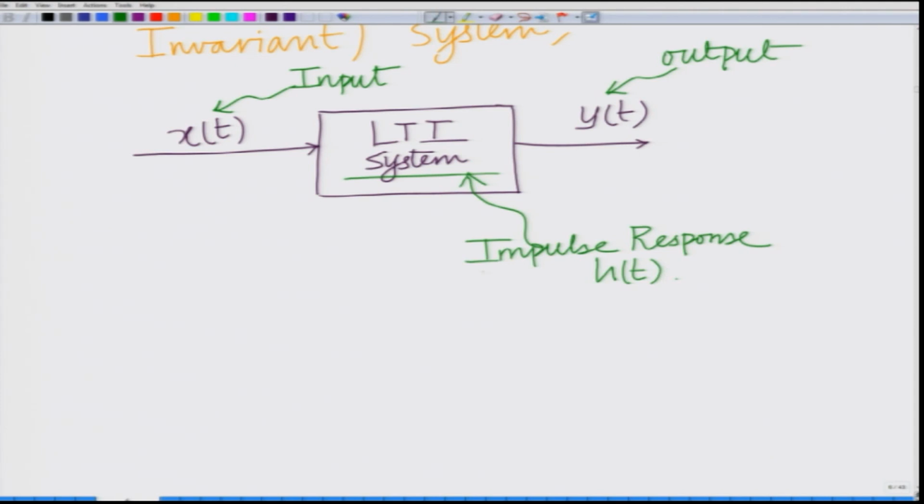What is the impulse response h(t)? If the impulse, that is your Dirac delta function delta(t), is given as input to the LTI system, the output is represented by h(t), which is the response to the Dirac delta function, and this is known as the impulse response of the LTI system, and this fundamentally characterizes the properties and the behavior of the LTI system.